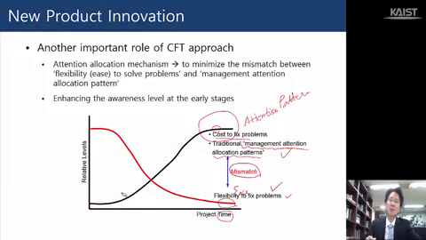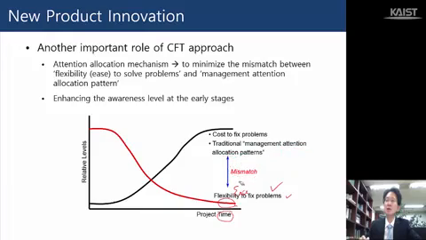What's the benefit? What's the good thing about using the cross-functional team approach? The cross-functional team approach helps the company to reallocate this management attention. In other words, don't pay your attention at the end of the project. You have to actually change this attention allocation pattern. In other words, you move it like that.